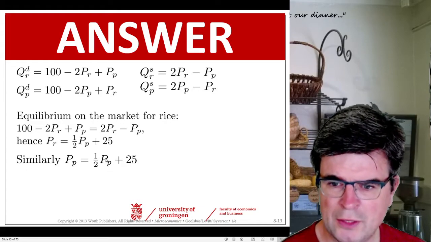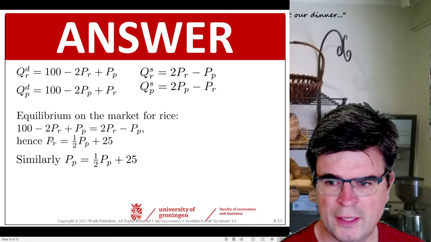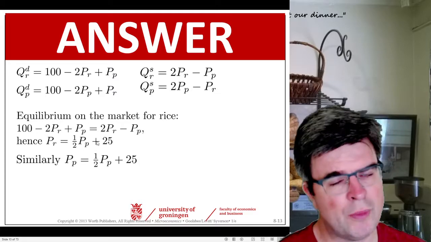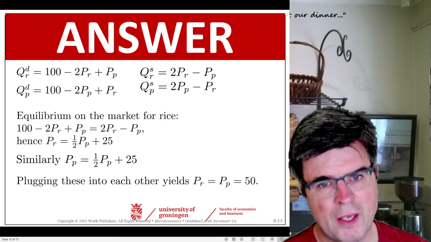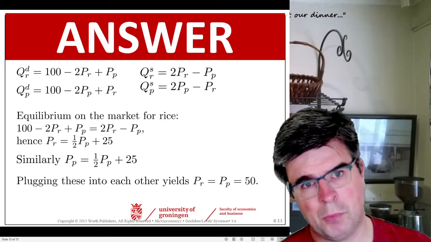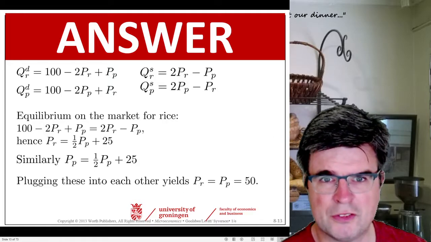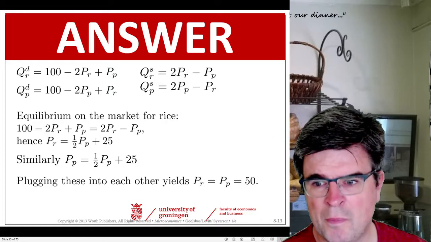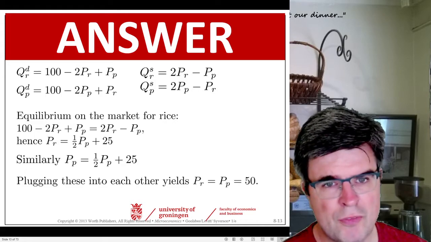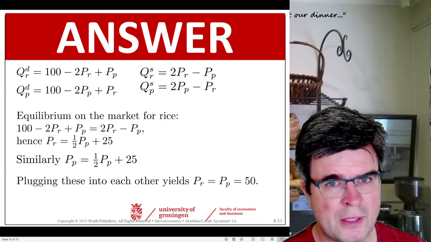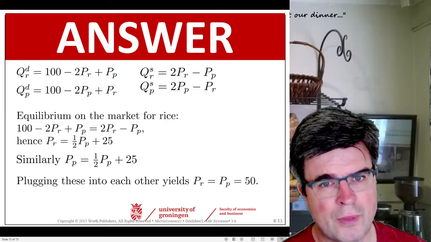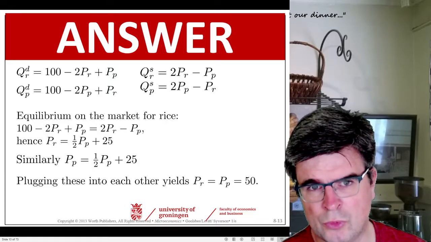And we could replace the PR on the right-hand side here by the expression that we found for the market for rice, and then solve for the price of potatoes. If we would do so and then plug back in the solution for the price of potatoes in the expression for the price of rice, if you do this correctly, then you will get that the equilibrium price of both rice and potatoes is equal to 50.